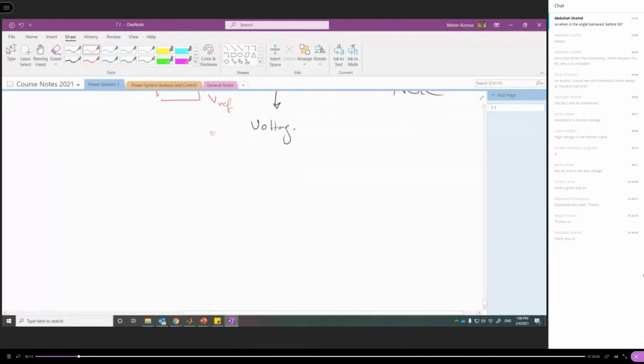We know that we have the machine itself, the synchronous generator, and this synchronous generator is coupled to the prime mover, which is a turbine at the end of the day. So we have the turbine here, and we have the boiler, or the input mechanical power. This is the mechanical power.